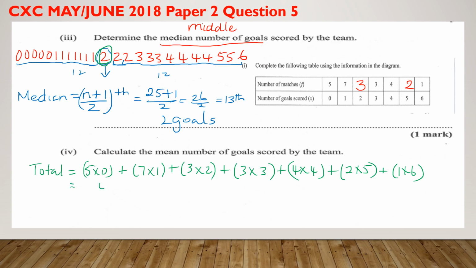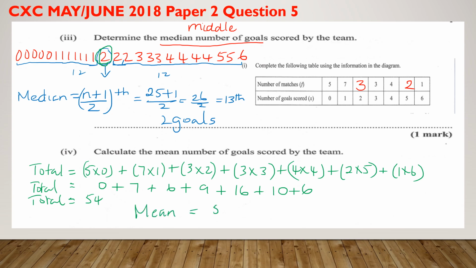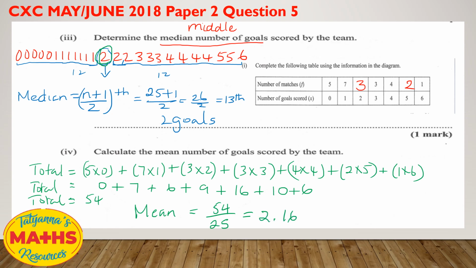So that is 0 plus 7 plus 6 plus 9 plus 16 plus 10 plus 6. That is going to give us a total of, plug that in your calculator, adding 7 plus 6 plus 9 plus 16 plus 10 plus 6, 54. So the mean is equal to 54 over the total n, which was 25. You divide 54 by 25 and you get the answer of 2.16, and that's the average.